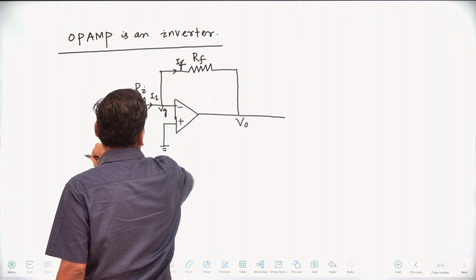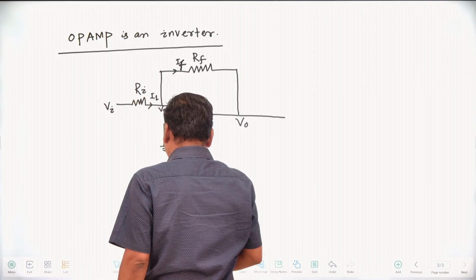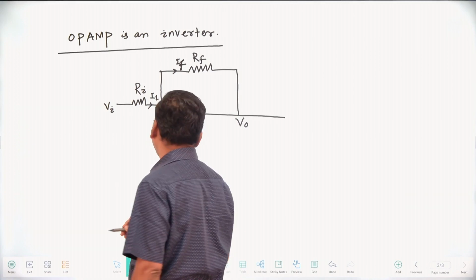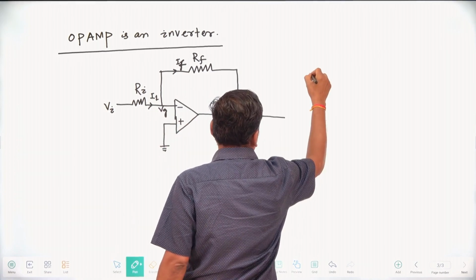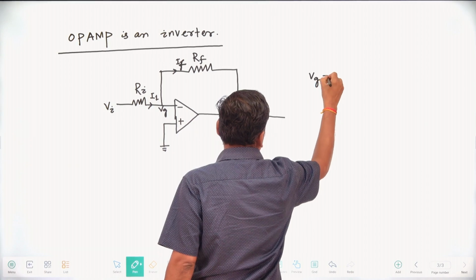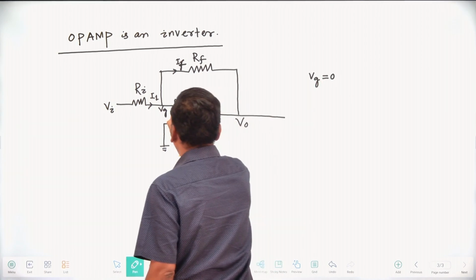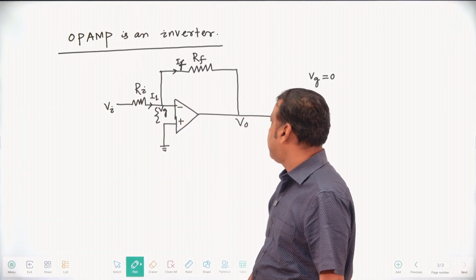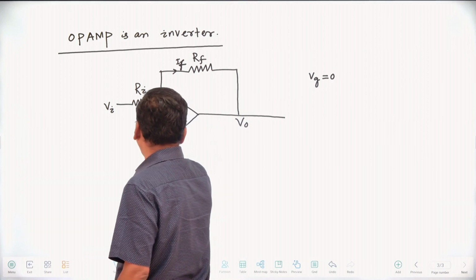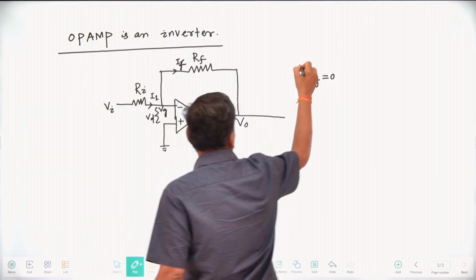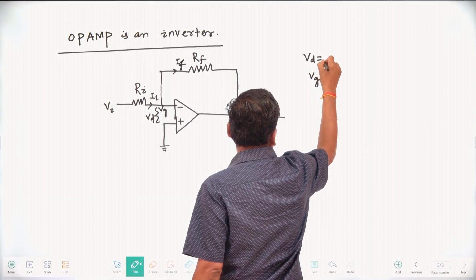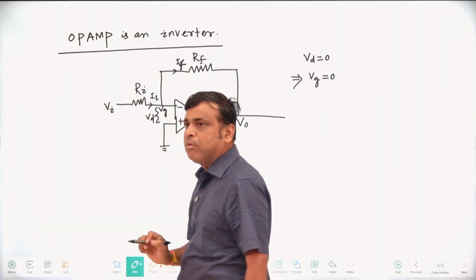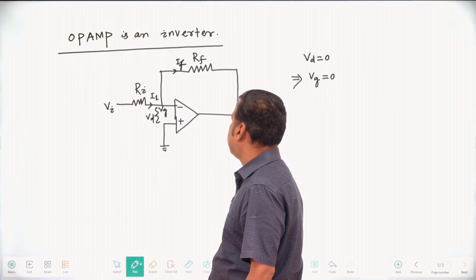Due to the virtual ground concept, this potential is 0, so Vg equals 0. Since the gain is infinite, V0 by Vd, the difference voltage Vd must equal 0, which implies Vg equals 0. This voltage minus this voltage equals 0, so this potential is 0.